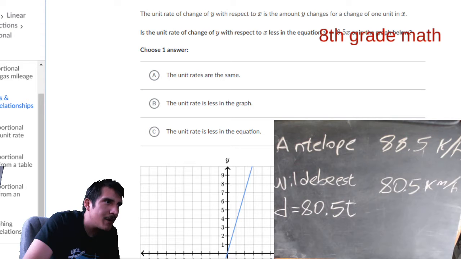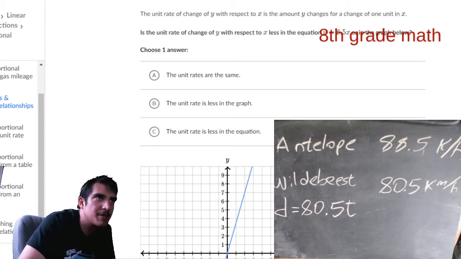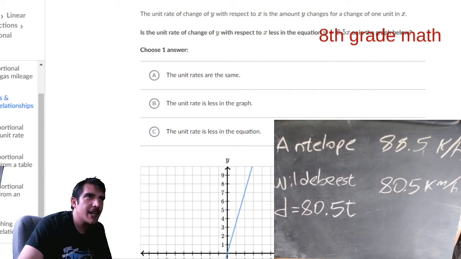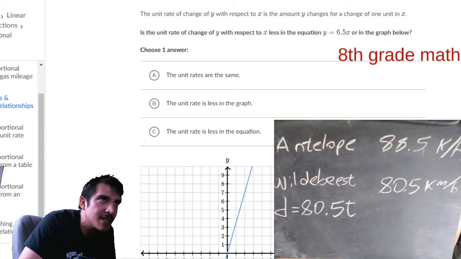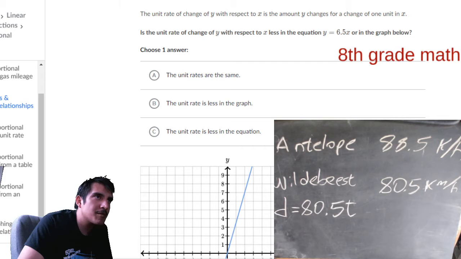Next one. Oh man, I love these problems. I don't even think you need the whiteboard for this one that much. It says here the unit rate of change of y with respect to x is the amount that y changes for a change of 1 unit in x. Is the unit rate of change of y with respect to x less in the equation y equals 6.5x, or in the graph below?